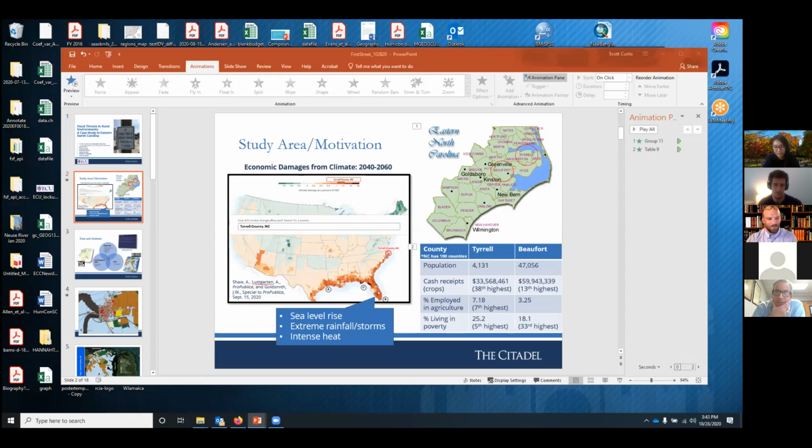Yes. So this is our study area, and we're going to focus mostly on these two counties, Terrell County and Beaufort County. A little information about these counties: they're very rural, low population. Terrell especially is pretty high in terms of percent employed in agriculture and percent living in poverty.